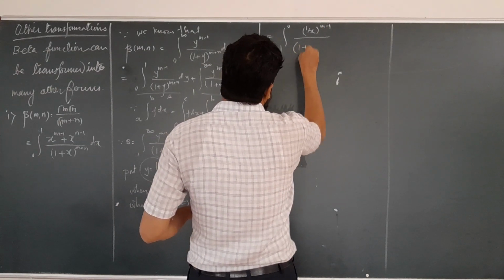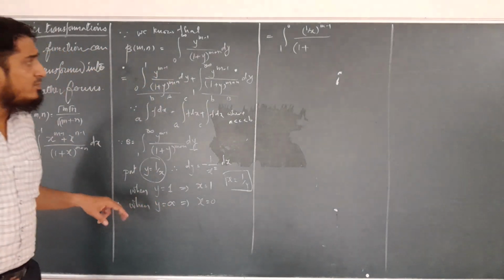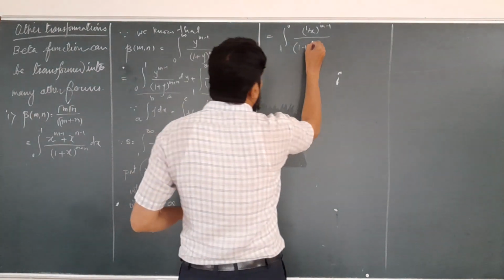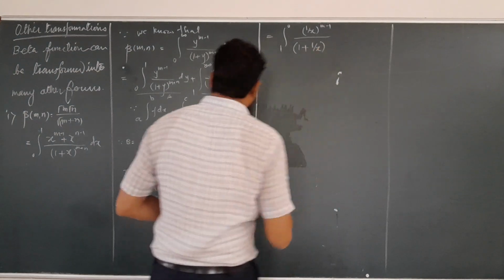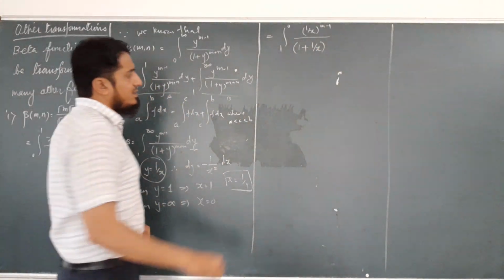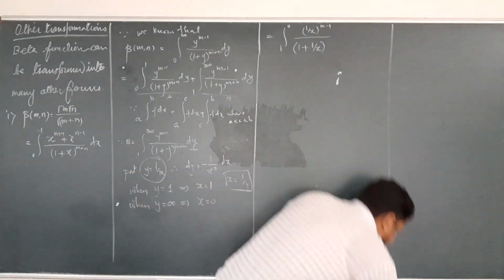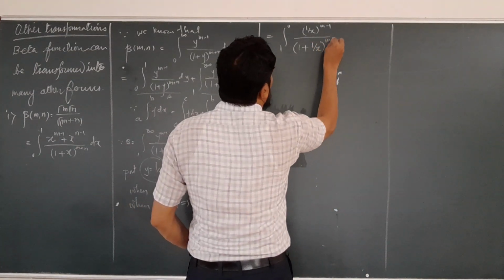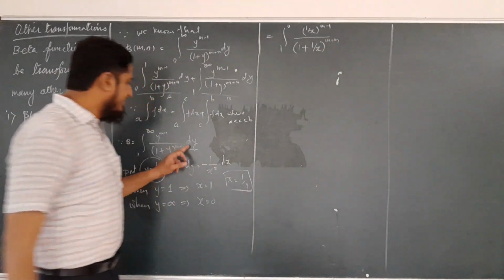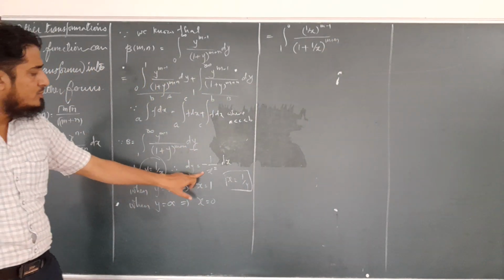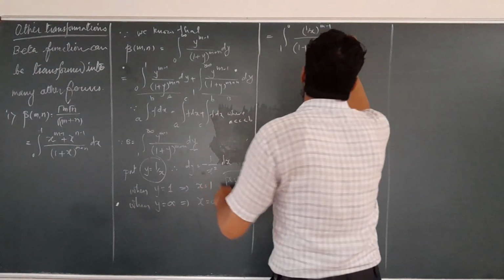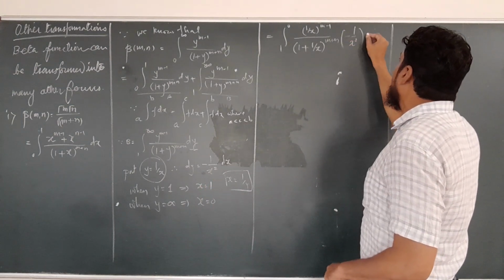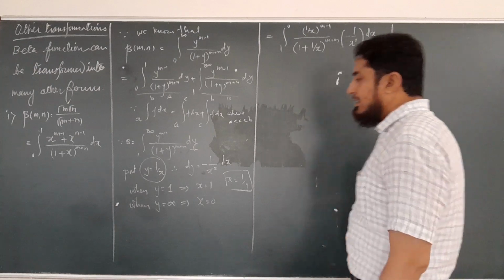Similarly, 1 plus y means 1 plus 1 upon x raised to m plus n, and the value of dy is equal to minus 1 upon x square dx.